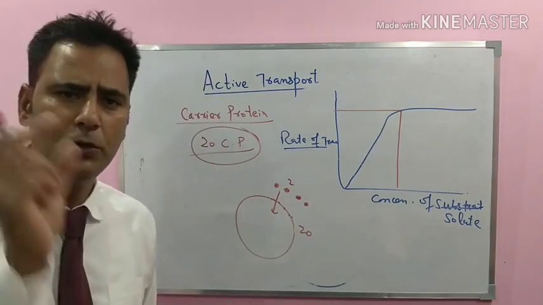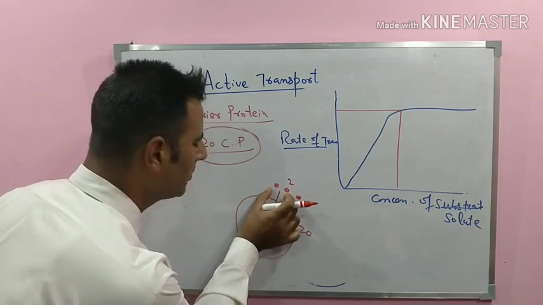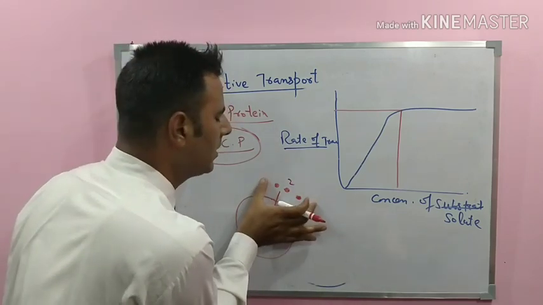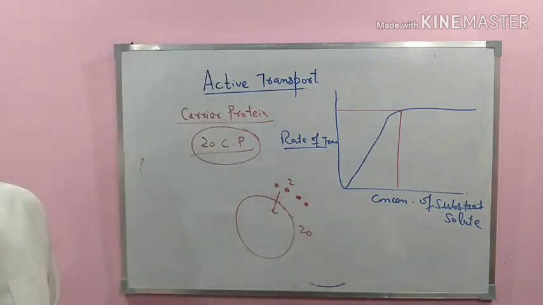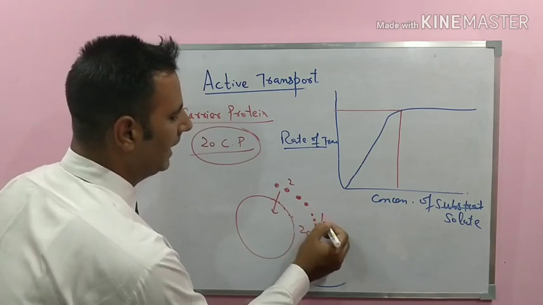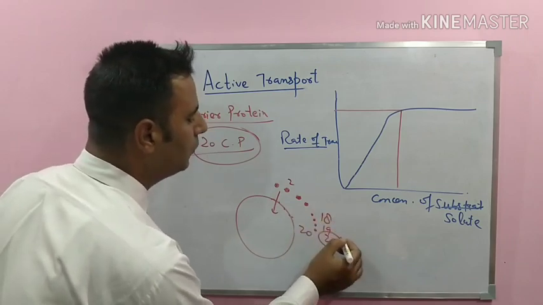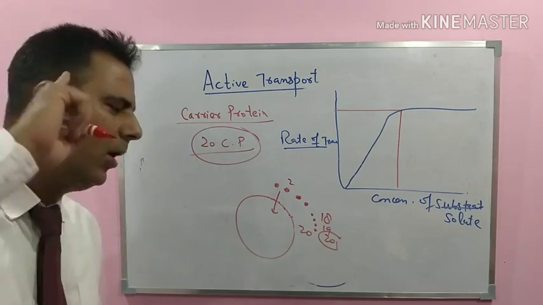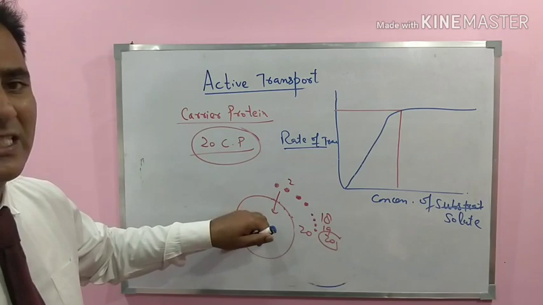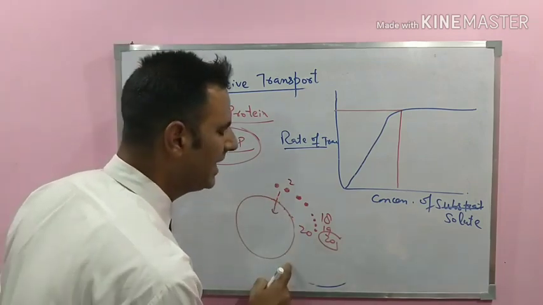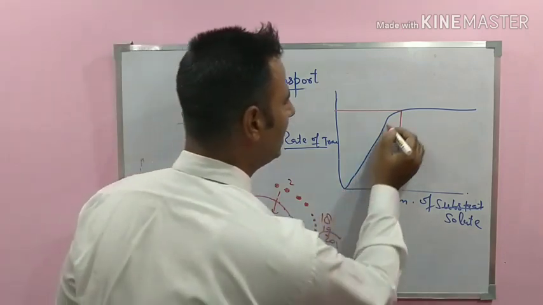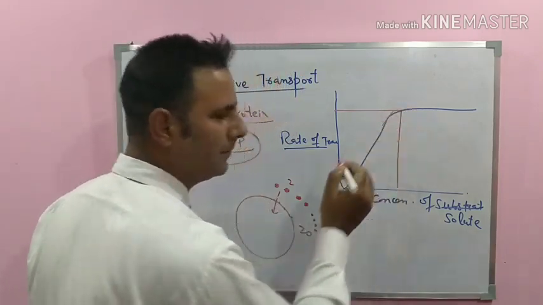The time utilized for taking 2 substrate molecules inside and the time taken for carrying all 4 substrate molecules inside will be equal. Similarly, when we reach, for example, 18, 19, and even 20 substrate molecules, all the 20 substrate molecules are going to get into the cell with the help of 20 carrier proteins, and it is not going to take any time. Instantaneously it will be done, and we get this straight line.